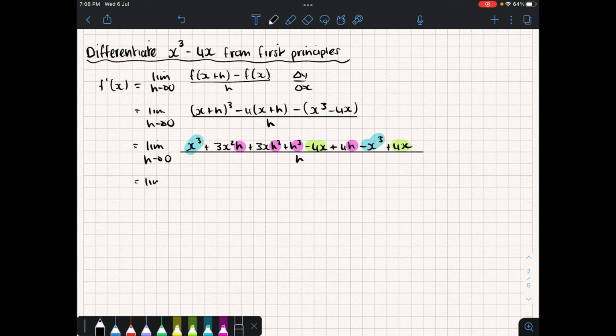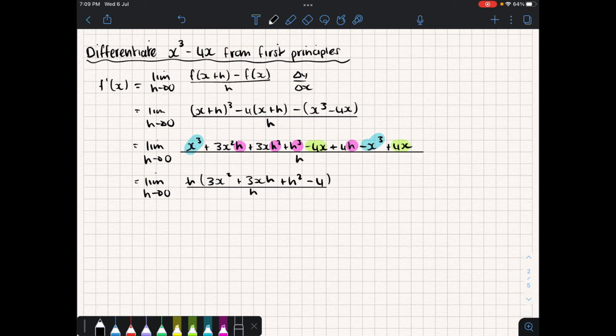Right, now we still haven't assessed our limit, so we have the limit as h approaches 0, and we're going to pull an h out, and we're going to be left with 3x squared plus 3xh plus h squared minus 4, all over h. Okay, so we've pulled an h out of all of those terms.